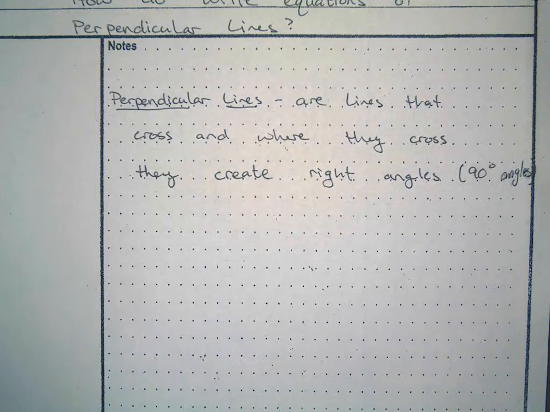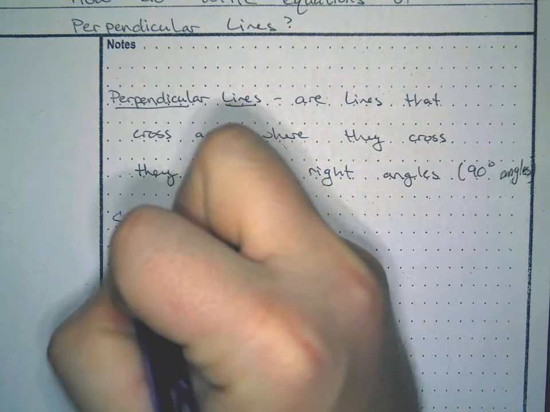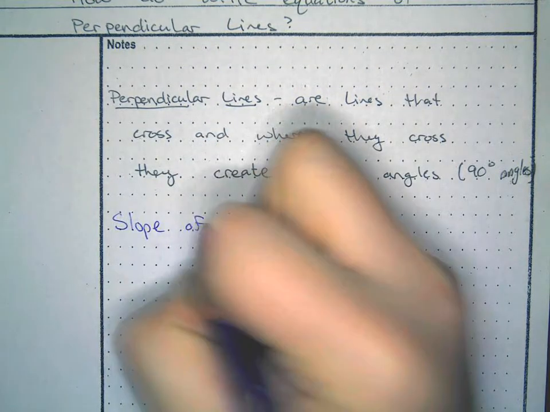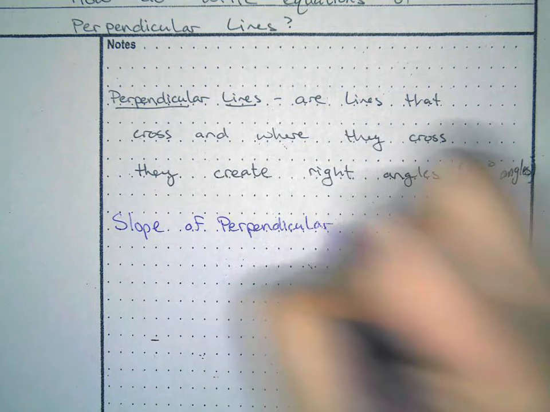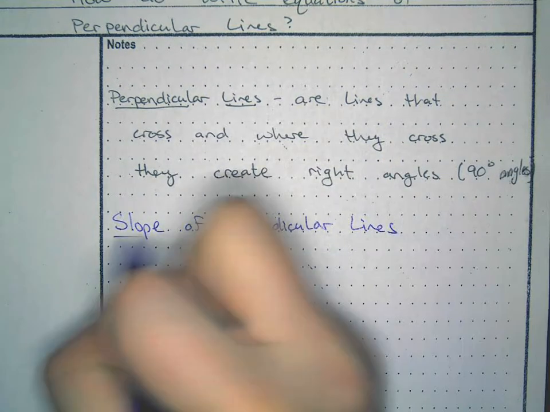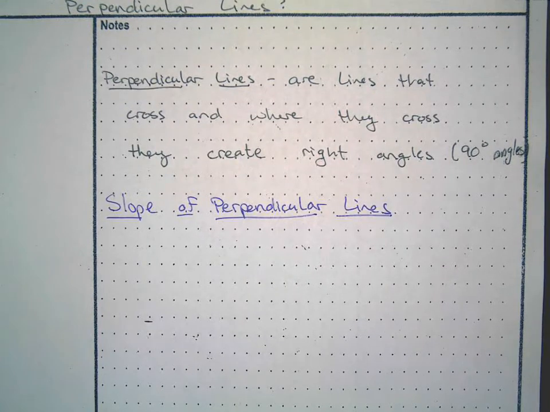Okay, so the important thing about perpendicular lines is it's again about the slope. Just like parallel lines, how we decide if things are perpendicular or not is we focus strictly on the slope.